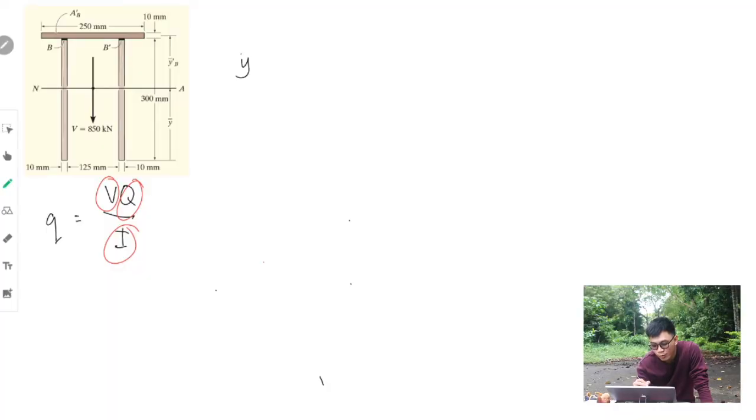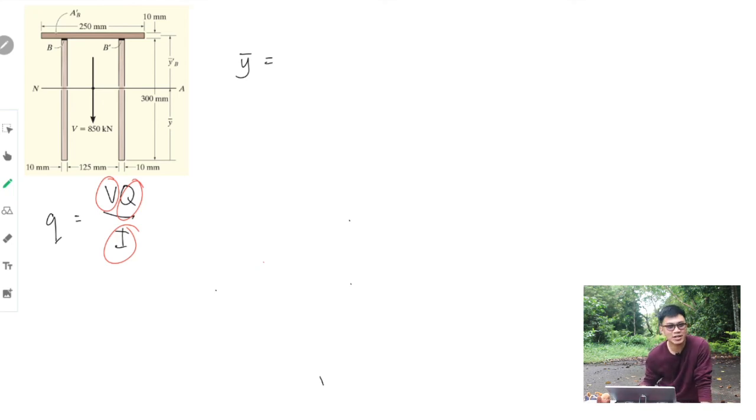But before we can look for Q and I, we still have to look for the neutral axis. How can we look for the neutral axis? Again, your neutral axis is your centroid. So therefore, we have to look for Y bar. Let's say that we will base it from the bottom of our beam. Okay?